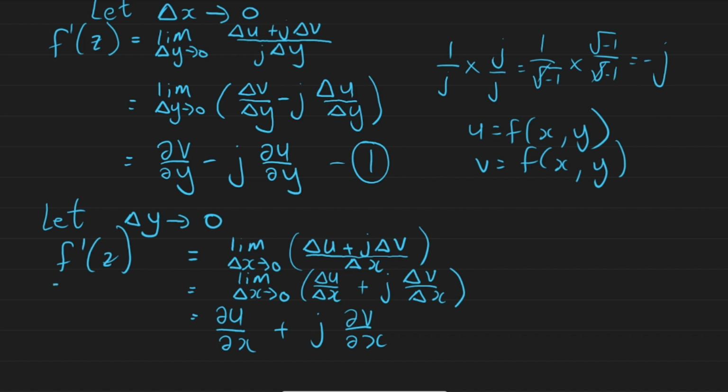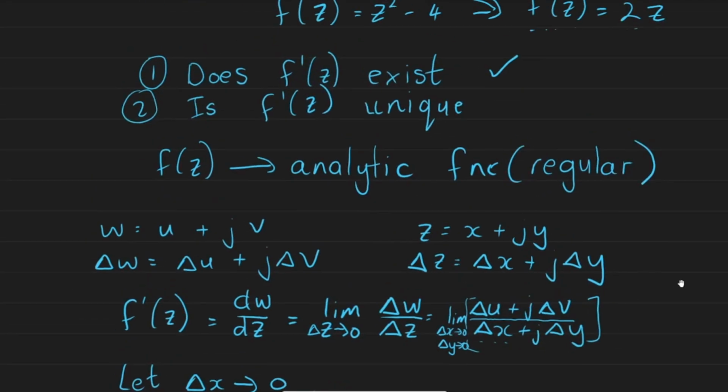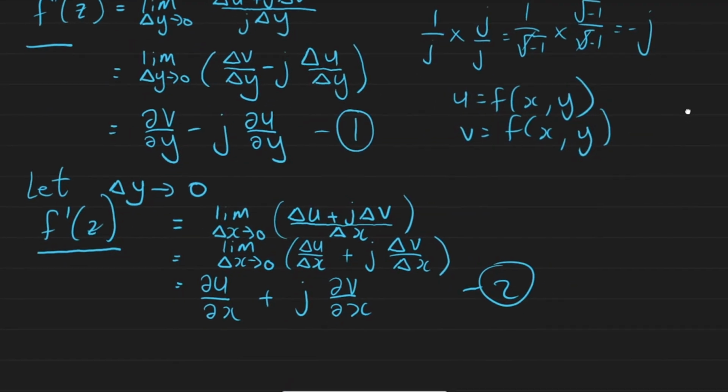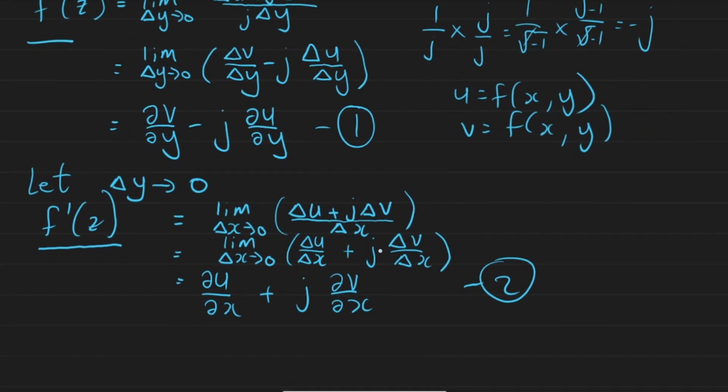So we have f prime z and we have f prime z, but we have two equations for f prime z. If f prime z has one derivative, in other words a unique derivative, remember that's what we're considering, is f prime z unique? Does it have one derivative? If there is only one derivative, it means that these two equations must be the same because they are both f prime z.